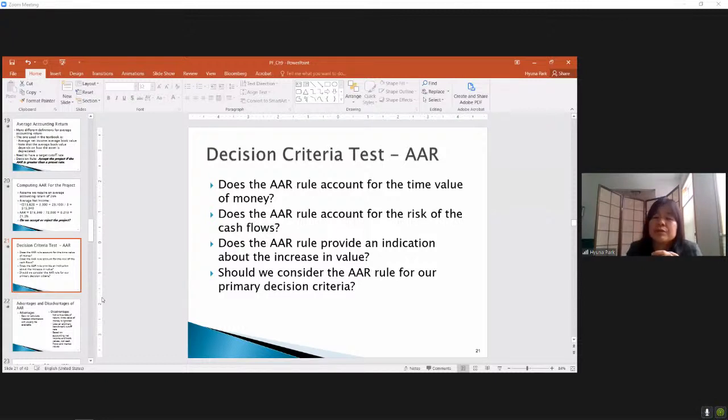It doesn't even use cash flow data, it just uses accounting net income. Does it provide an indication about the increase in firm value? No. So should we consider it for our primary decision criteria? Definitely no.